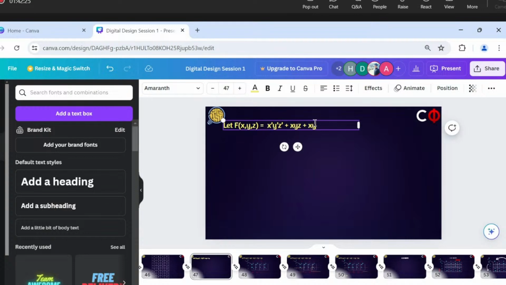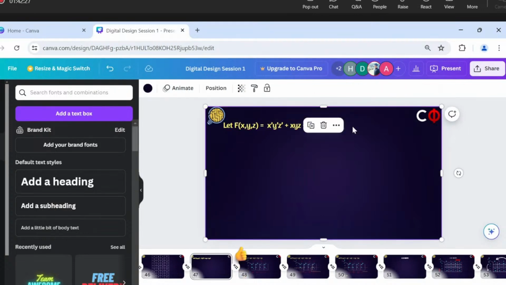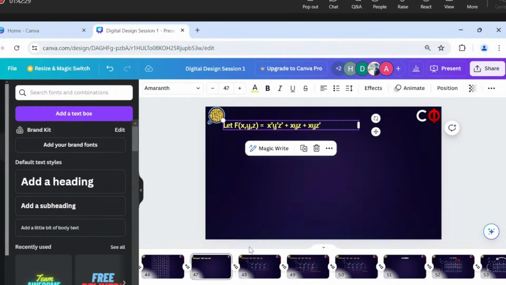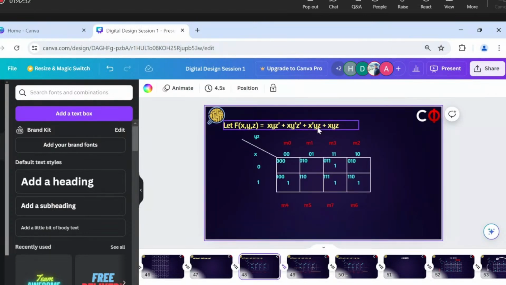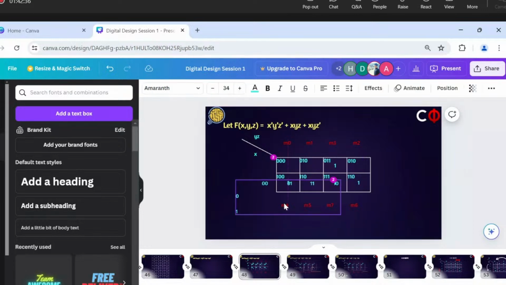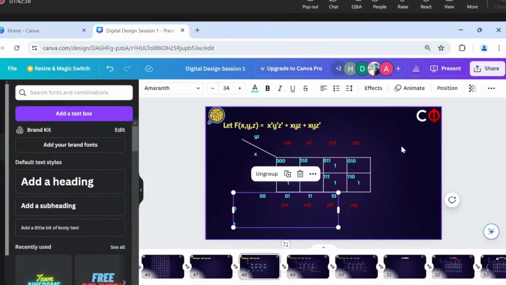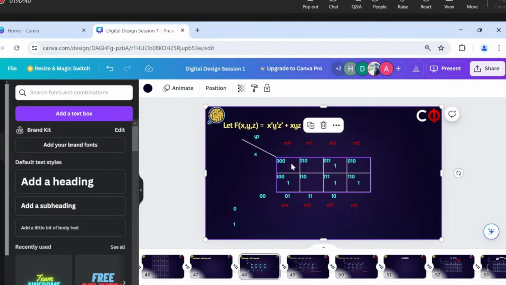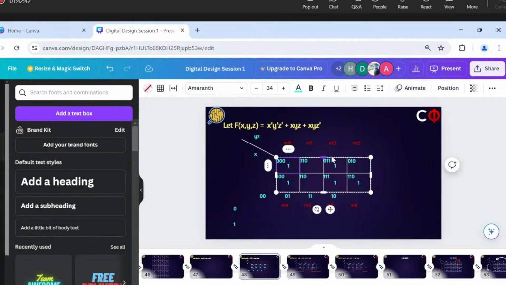So this is the new function which we are having. I'll go and change this part. We'll have to change wherever the ones are. So x prime y prime z prime is this column, so I'll go and put a 1 there. x y z is already filled and you no longer have this function, so I'll go and remove it.